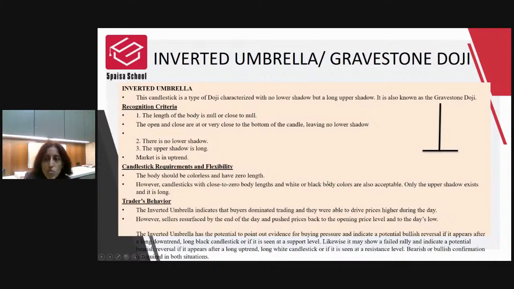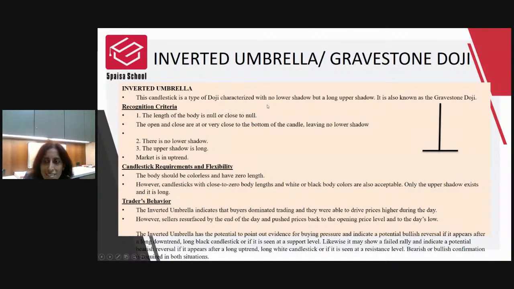Now, coming to the inverted umbrella, which is also referred to as the gravestone. Why gravestone? Look at the candlestick pattern over here. It looks like a gravestone, or it is also called an inverted umbrella, right?